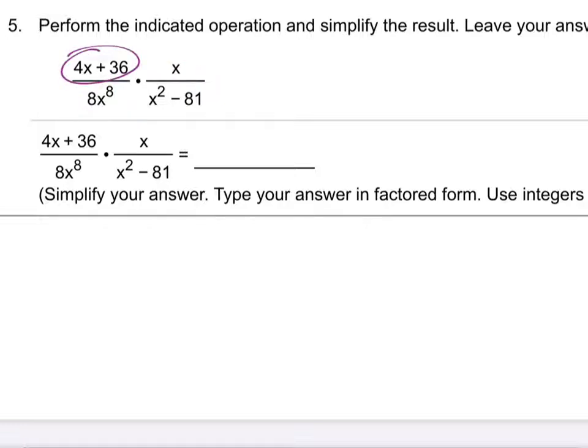So how do we factor 4x plus 36? Take out a 4. Leaves x plus 9, right? They have a 4 in common. They share a 4, right? 4 goes into both of them. Keep going. And how do we factor x squared minus 81?